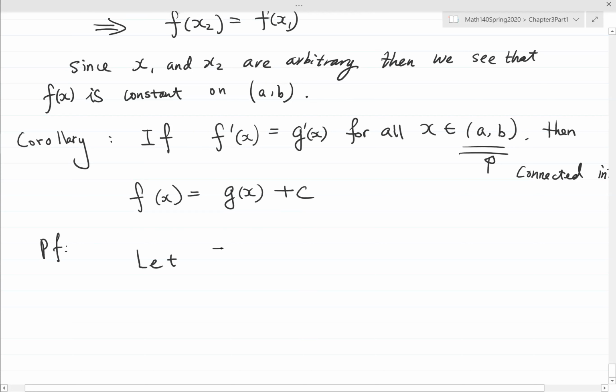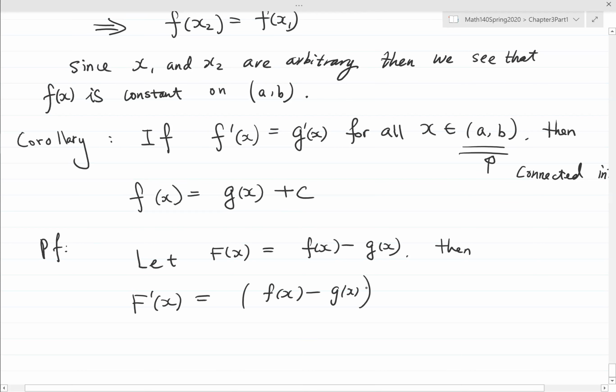Let capital F be little f minus g(x). Then the derivative of capital F, we distribute the differentiation: f' minus g'. Now f' equals g', so their difference is 0.